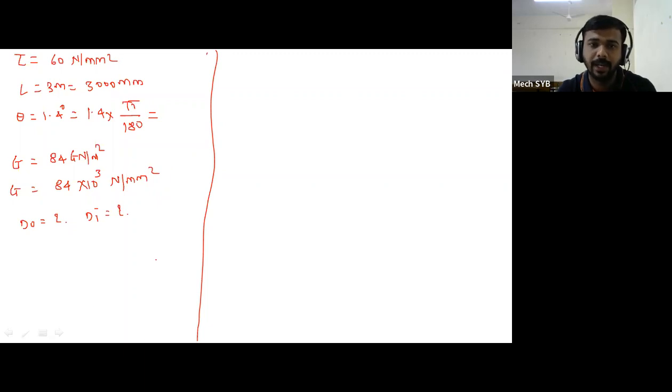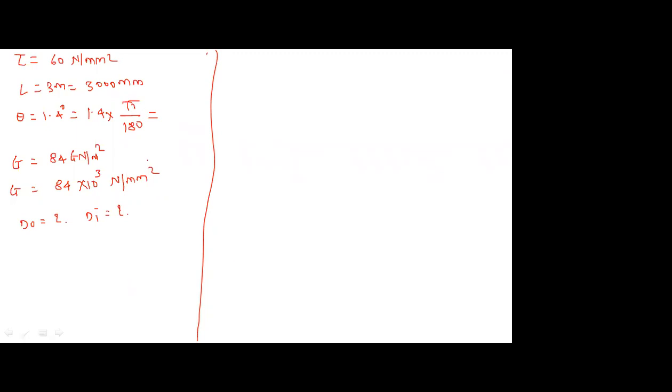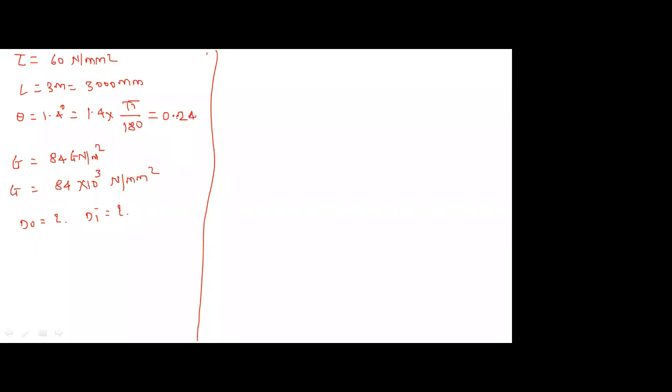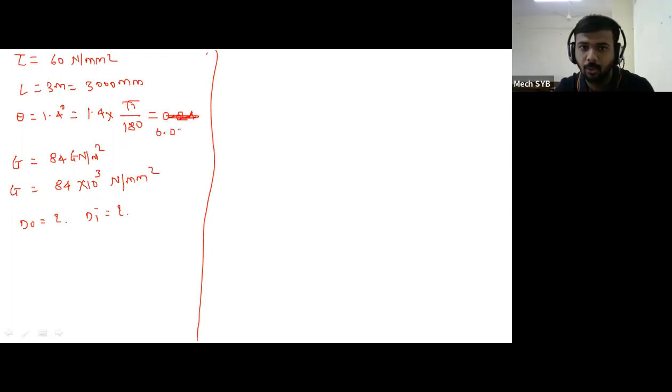What is the theta value in radian? 1.4 into pi by 180. 0.0244 radian.